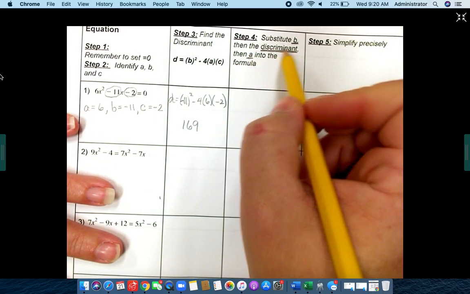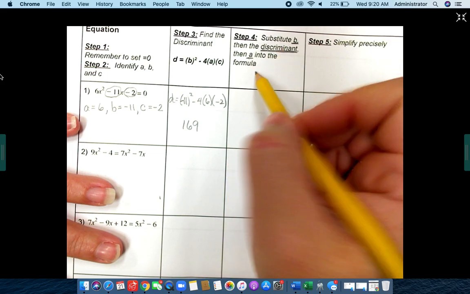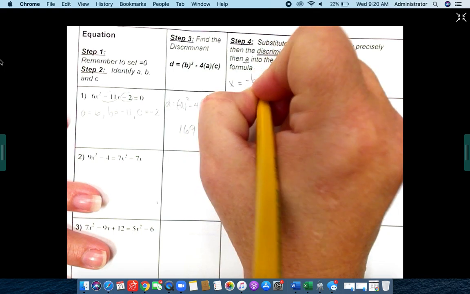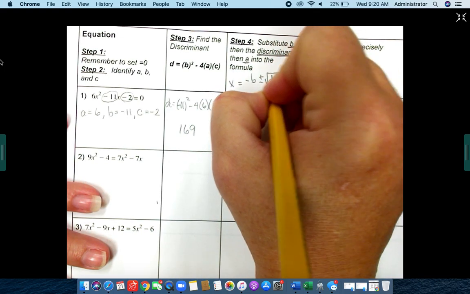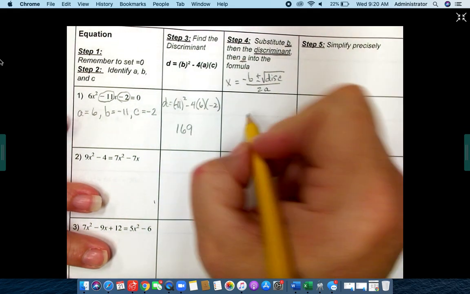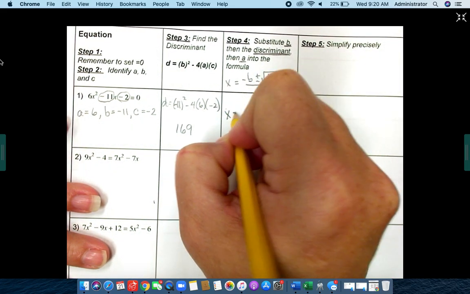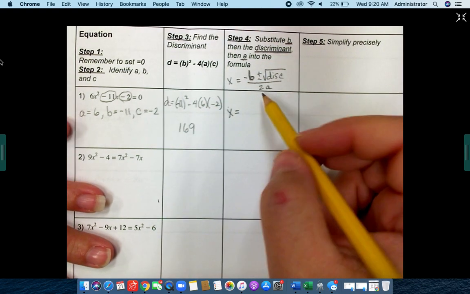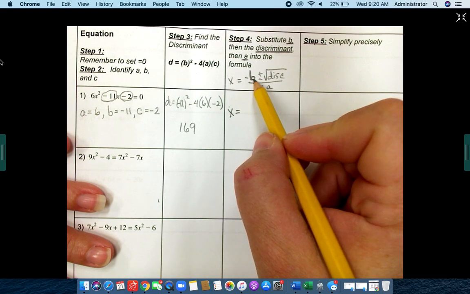So now we're going to substitute into our quadratic formula. So again, our formula is x equals opposite b plus or minus the square root of the discriminant all over 2 times a. So in this box, I want you to come over here and write x equals. Now remember what opposite means. The opposite of a positive is a negative. The opposite of a negative is a positive.